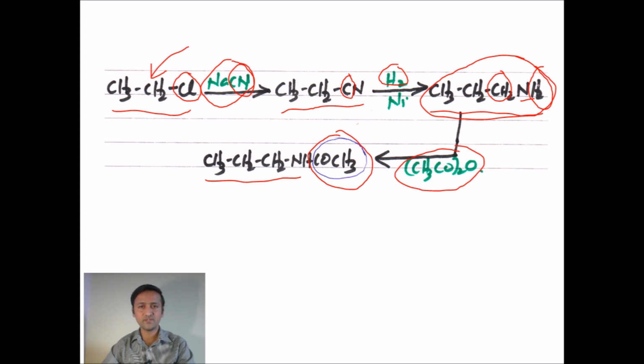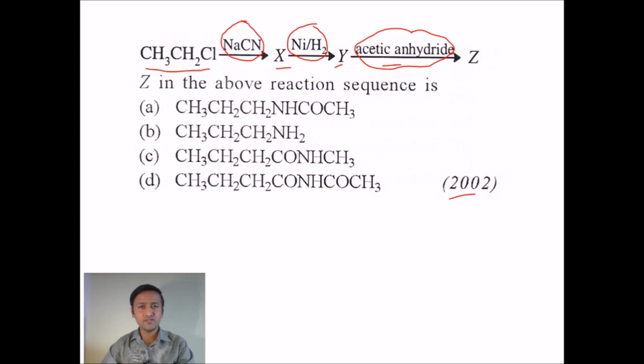So one of the hydrogens is replaced by COCH3. So we'll get formation of this compound CH3CH2CH2NHCOCH3. You can see the structures given in the options now. So the right answer for this question will be option A, CH3CH2CH2NHCOCH3.